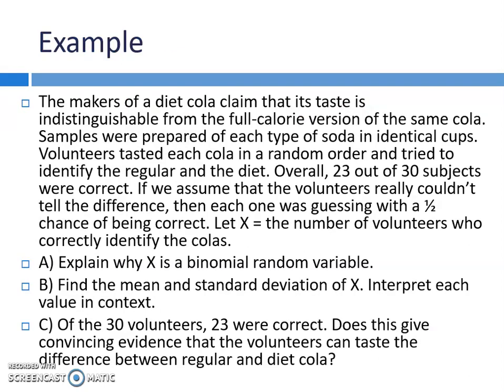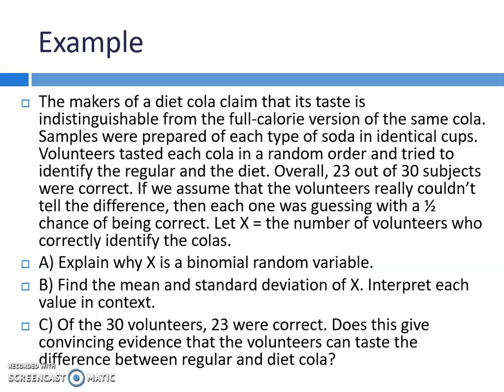All right, let's look at another example. The makers of a Diet Cola claim that its taste is indistinguishable from the full-calorie version of the same cola. Samples were prepared of each type of soda in identical cups. Volunteers tasted each cola in a random order and tried to identify the regular and the diet. Overall, 23 of 30 subjects were correct.